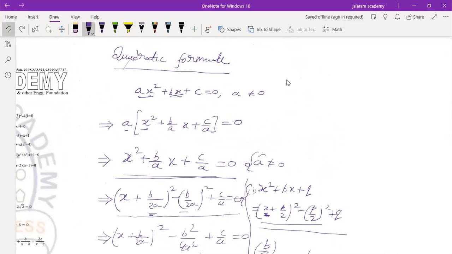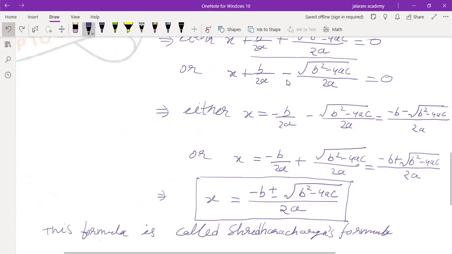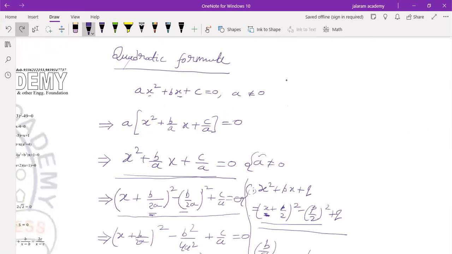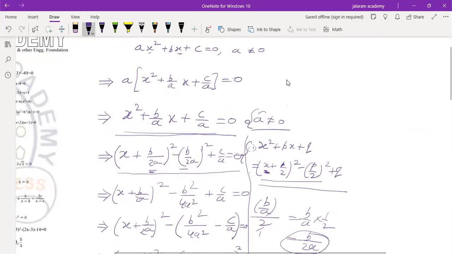Is that clear to you? Yes, sir. So after this, as a is not equal to 0, if the product of two terms is 0, a into this bracket is 0, but a is already given as not 0, so we will take x square plus b by ax plus c by a equals to 0.